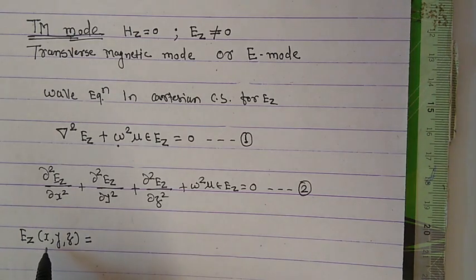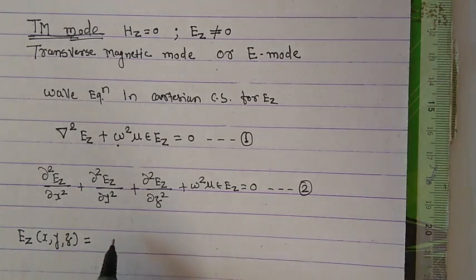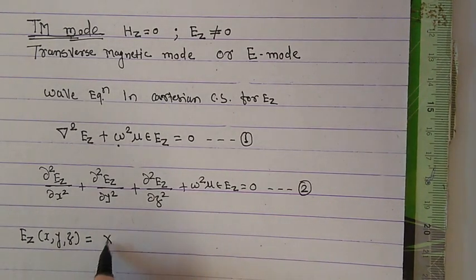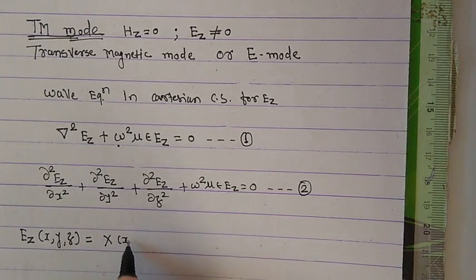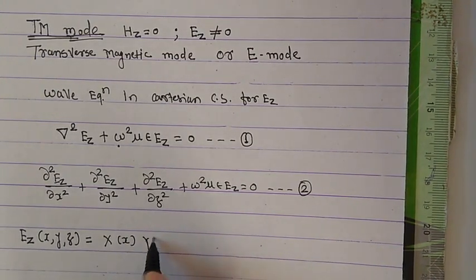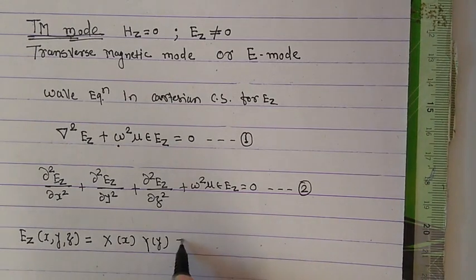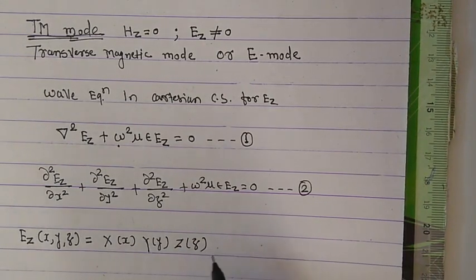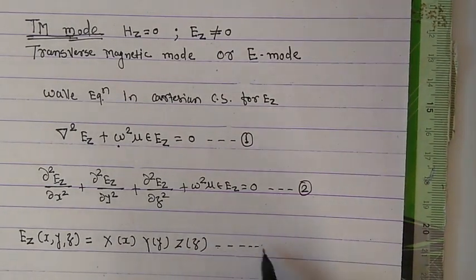Ez is a product of a function of each variable x, y and z. So this Ez can be written as X(x) into Y(y) into Z(z).